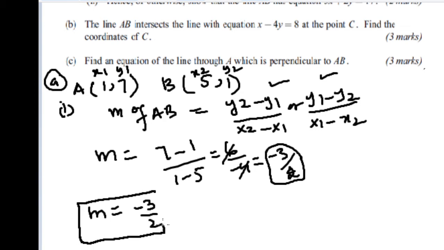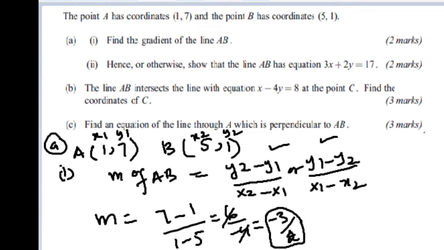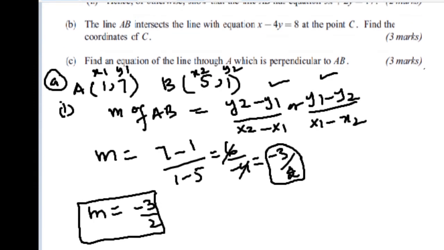First part done. Now the second part says, hence or otherwise show that the line AB has equation. Equation of line AB now. Now we are finding the equation of the line AB.